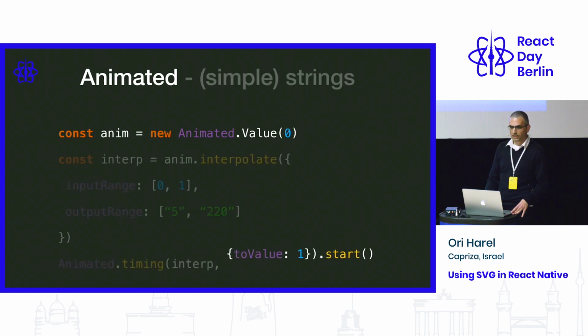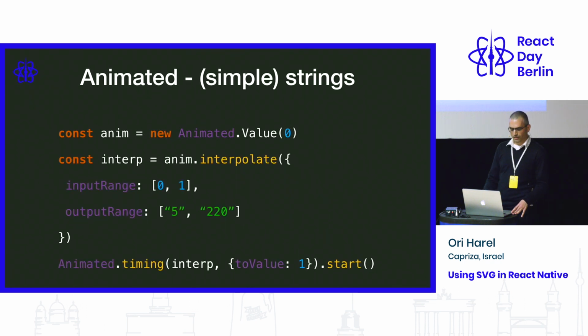And if you need to animate string values, such as the values that go into the rotate style property, you do have the interpolate API in Animated, and that lets you map numerical values to string values.